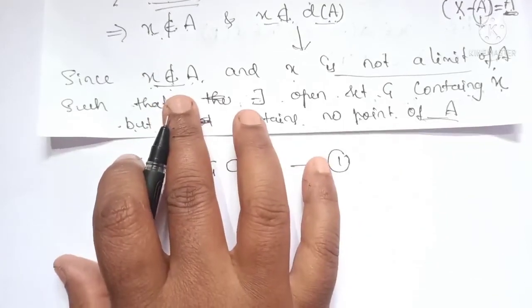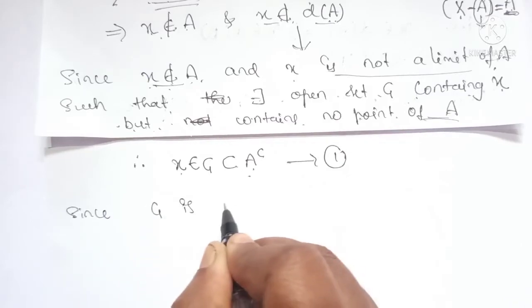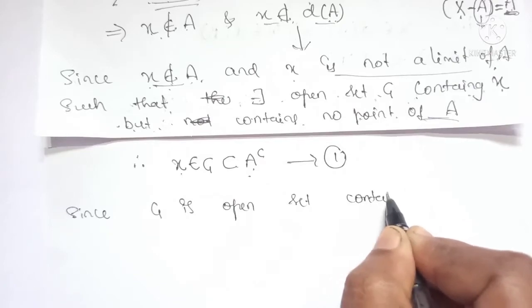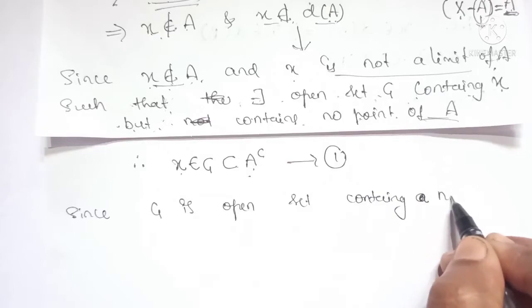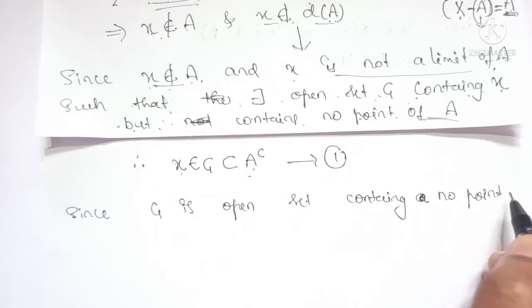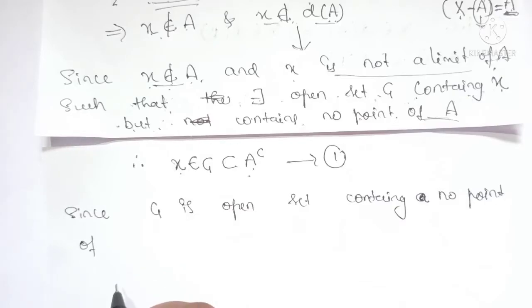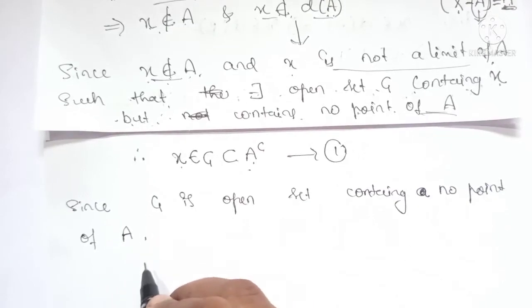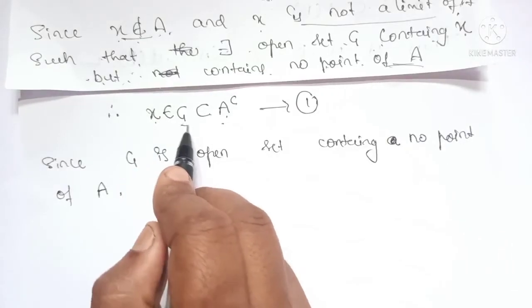Again by this same, since G is such an open set containing no point of A, because x belongs to G which is a subset of A complement.